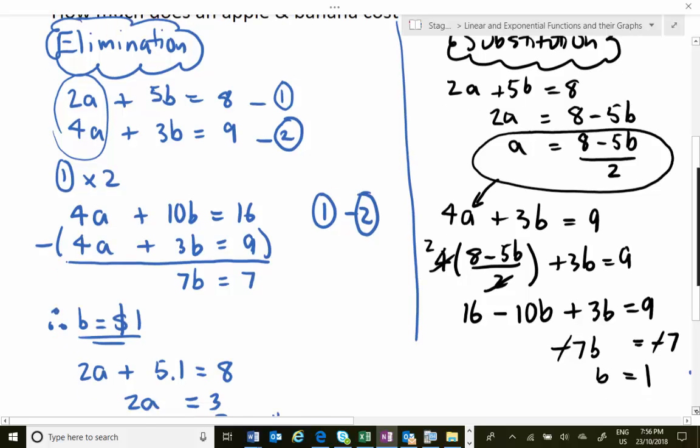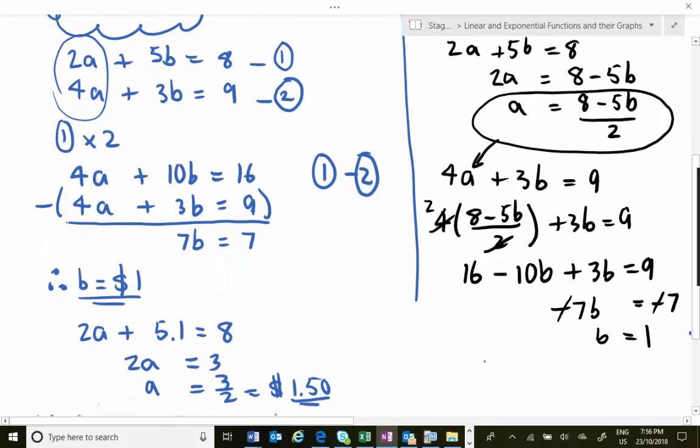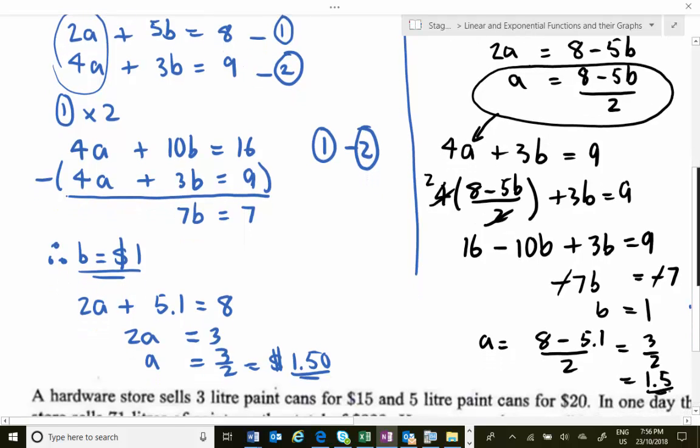Then a is equal to 8 take 5 times 1, all over 2. So 8 take 5 is 3 on 2, which is equal to 1.5, $1.50. That's how I do the substitution process.